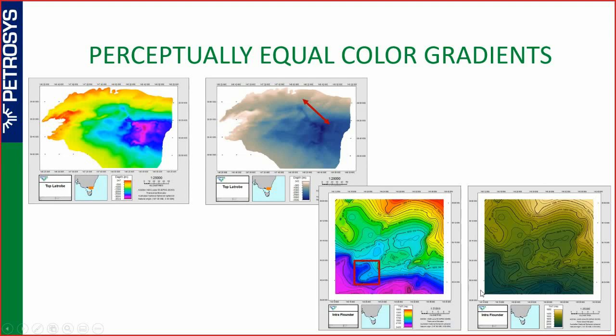And when we apply a perceptually equal gradient, we can see that this is actually an artificial boundary. So that's just something to be aware of. Please have an experiment to see what gradient best fits your data, and let us know if you have any feedback.